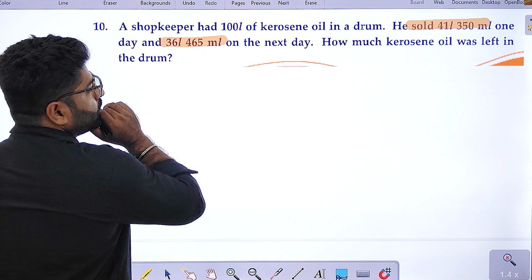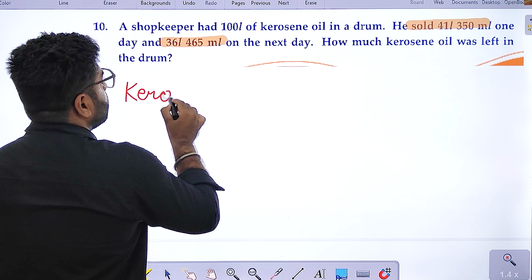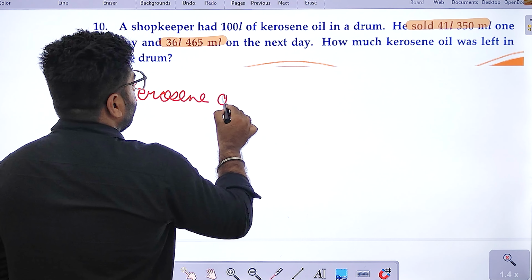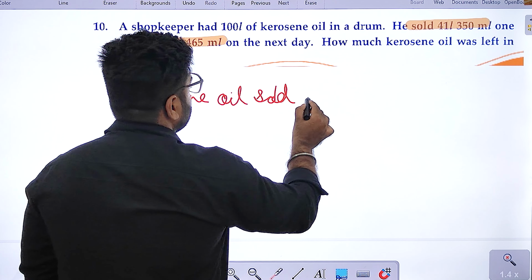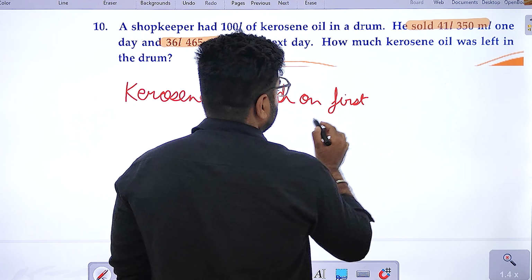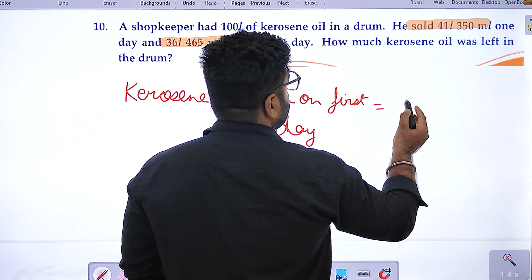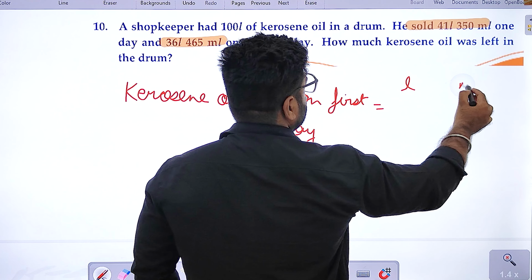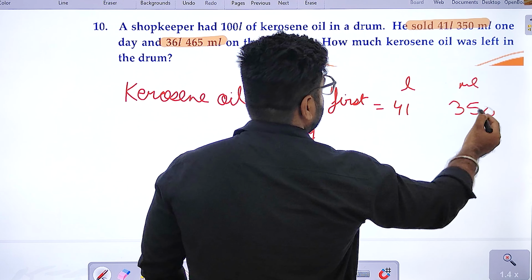Okay, kerosene oil sold on first day, that is 41 liter and 350 milliliter.